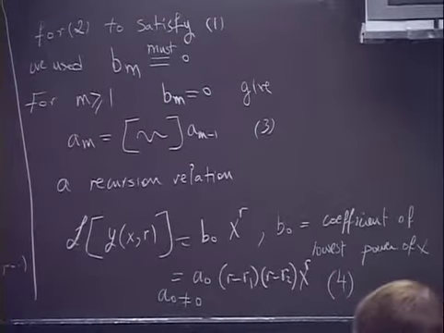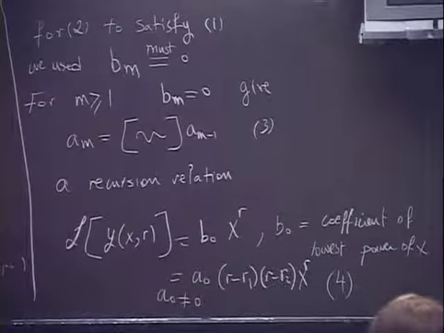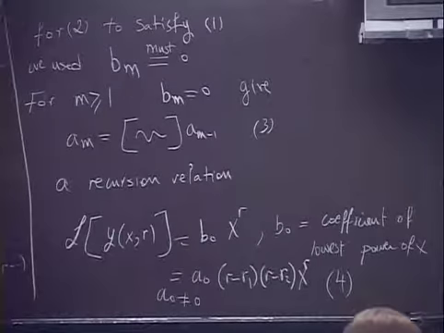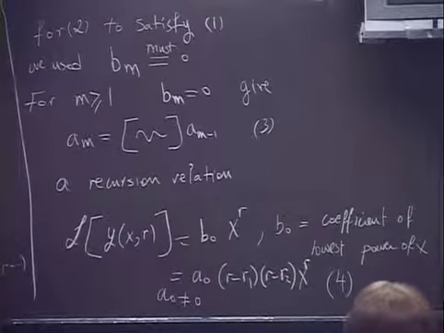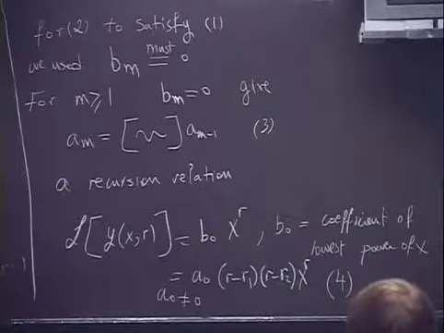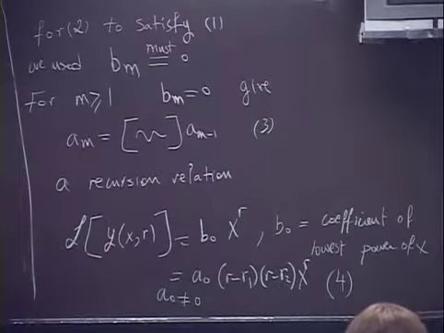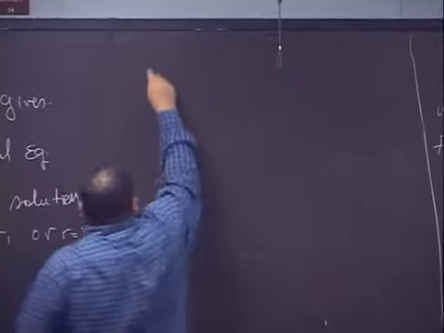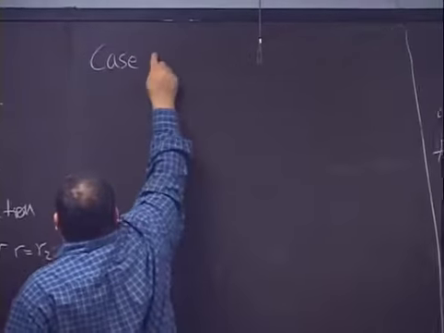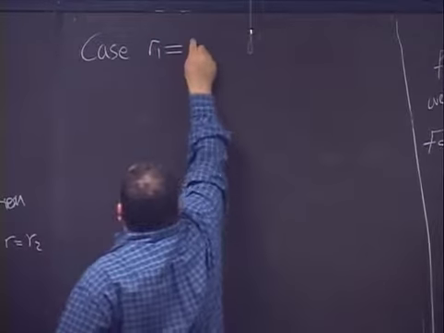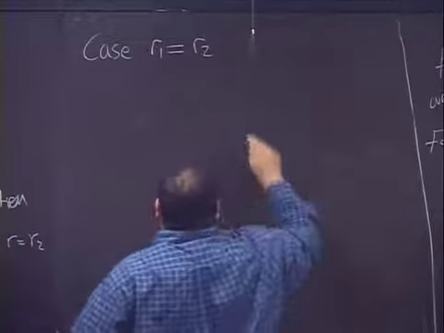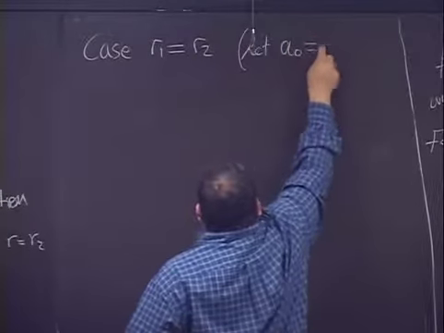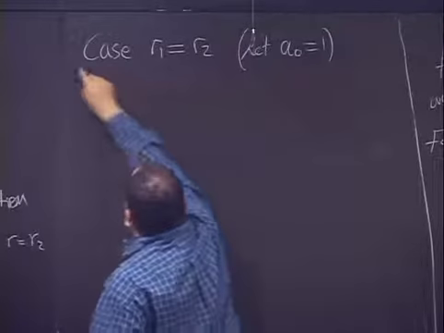So let's try to see. The first step is to seek a second solution when r1 equal to r2, and this is what we stated last time. So the first case, r1 equal to r2, and we will let a naught equal to 1 for simplicity.